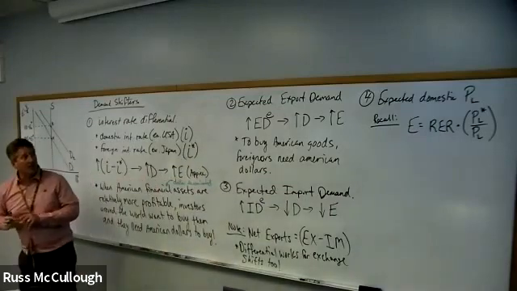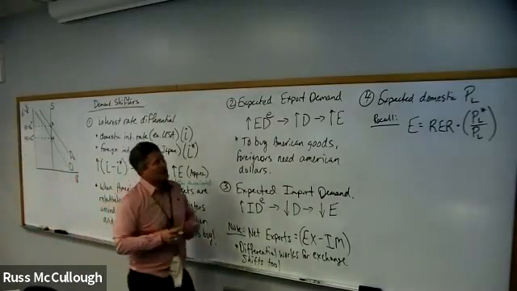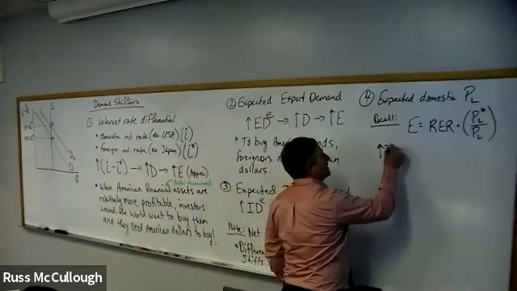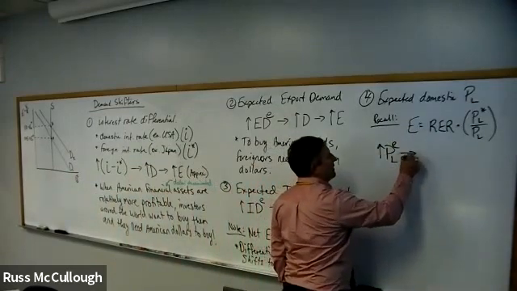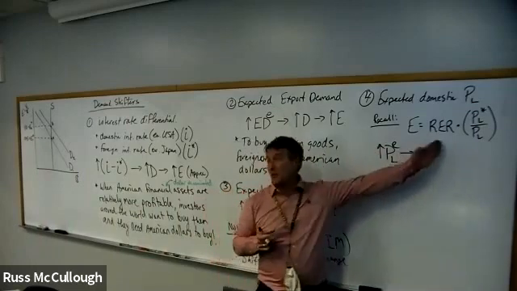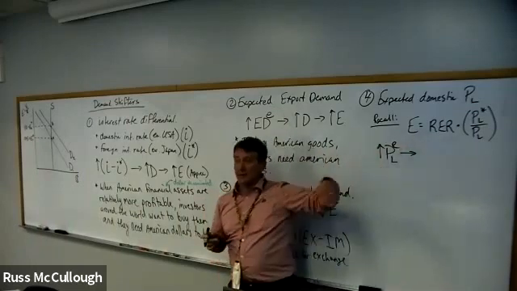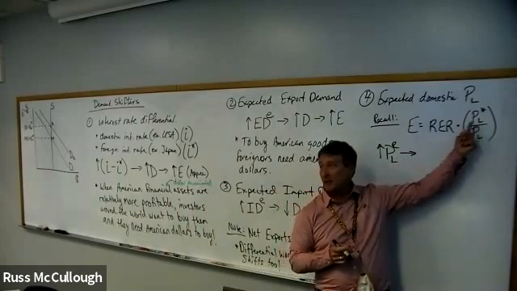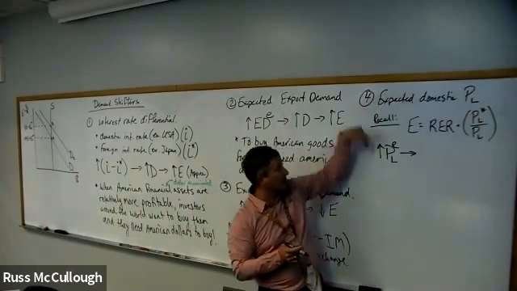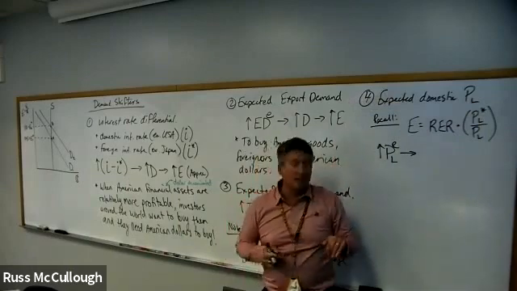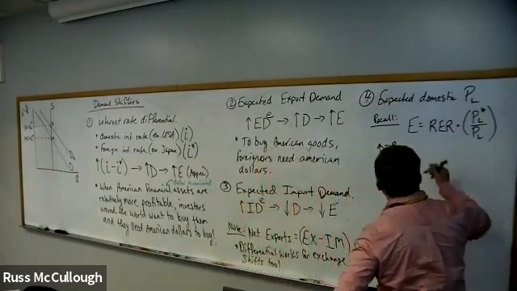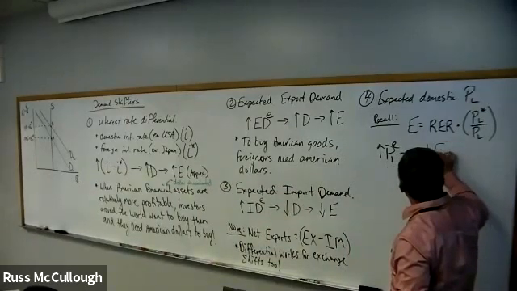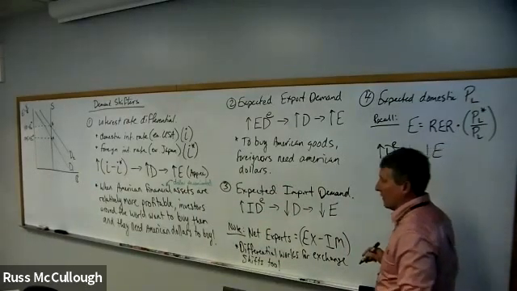If the expected price level goes up, an increase in the expected price level leads to what with this equation? Down. It's going to go down. Just watching the denominator here. If the denominator gets bigger, the overall expression gets smaller. So that's going to push the exchange rate down. So down with the exchange rate.